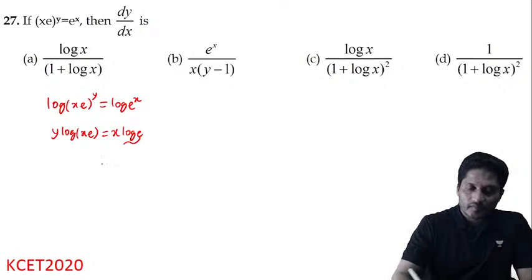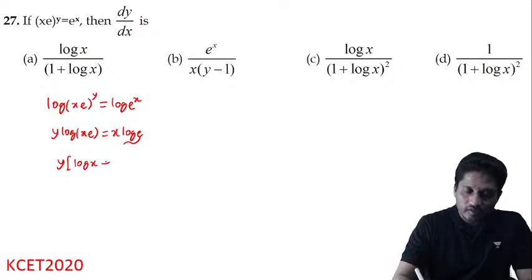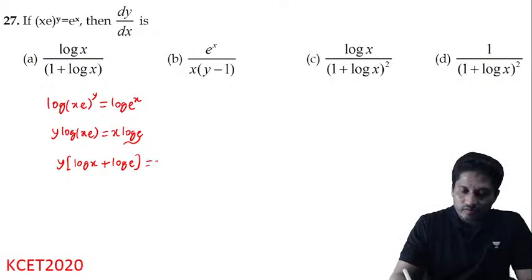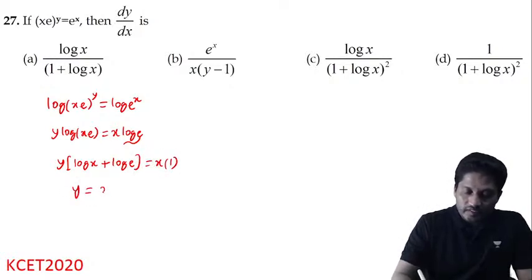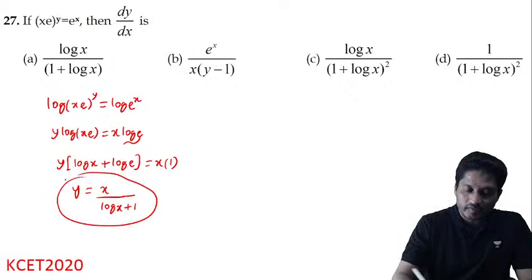Log e is 1. y into a bracket, log m into n is log m plus log n, that is log x plus log e is equal to x into log e, which is 1. y is equal to x divided by log x plus 1, again log e is 1. This is y.